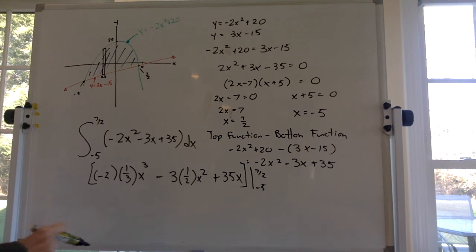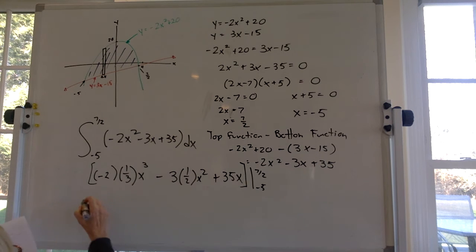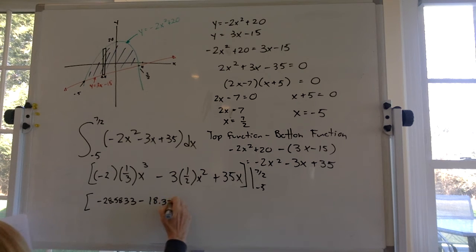I took my calculator out and started plugging in 3.5 for 7/2, and I ended up getting negative 28, carrying out the decimal places a few, minus 18.373, I think. I can't read my writing.